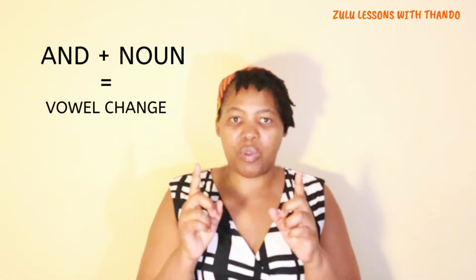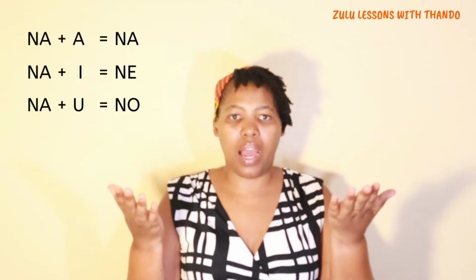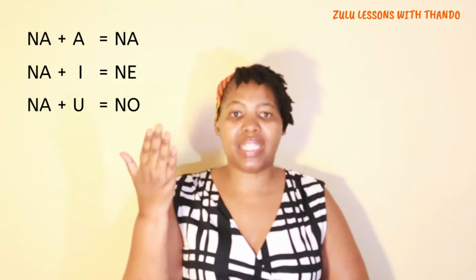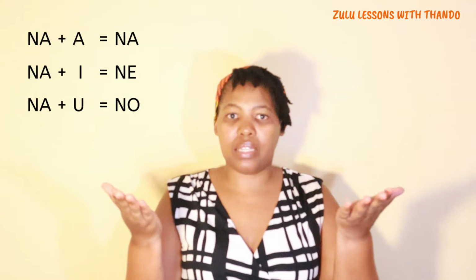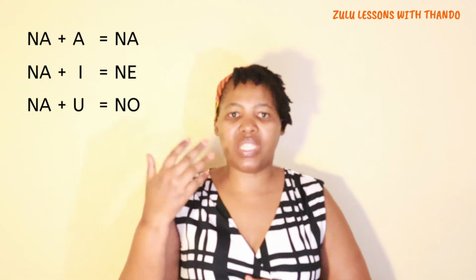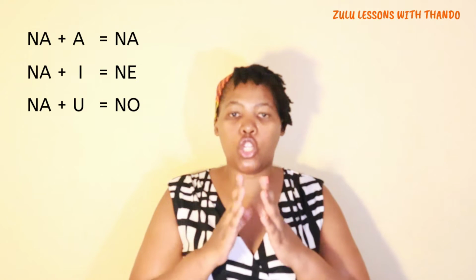And those 2 vowels now change, or they merge and they become another vowel. If you put na and a, you have na. If you put na and I, you have ne. If you put na and u, you have no.